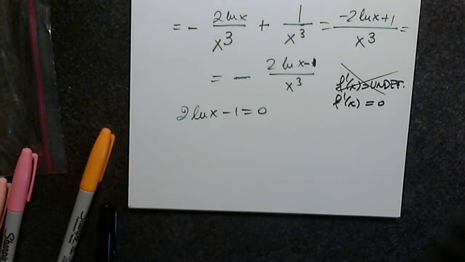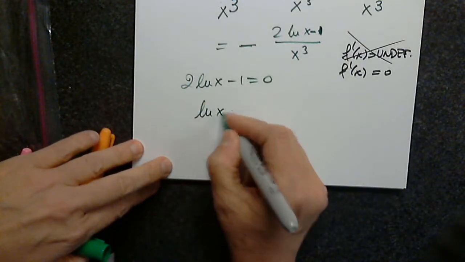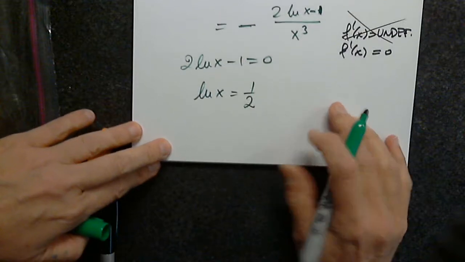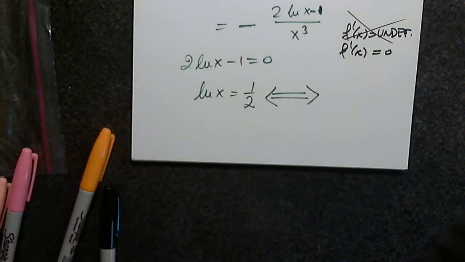So if this equation has solutions, the original function has a critical number. If this equation has no solutions, the original function doesn't have a critical number. So I have to move 1 and divide by 2. Natural log x equals 1/2. And now I have to remember what this represents.